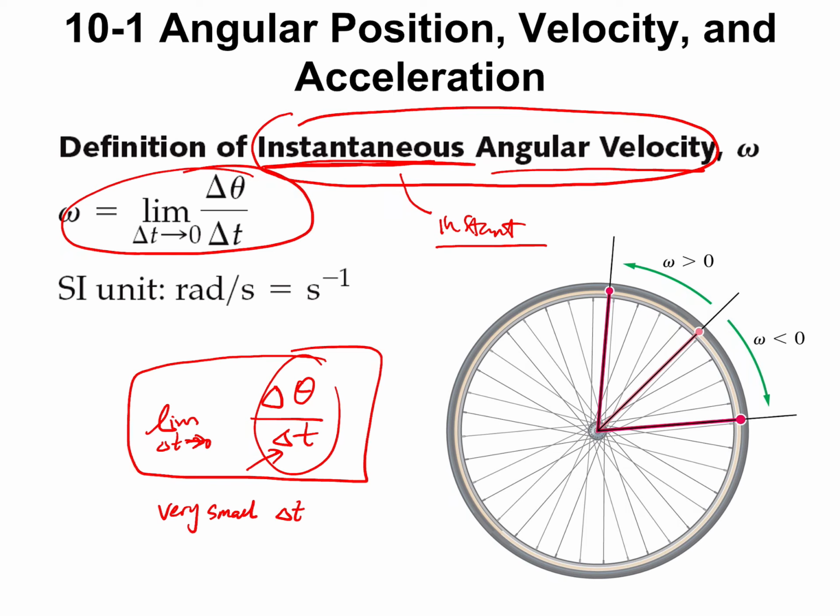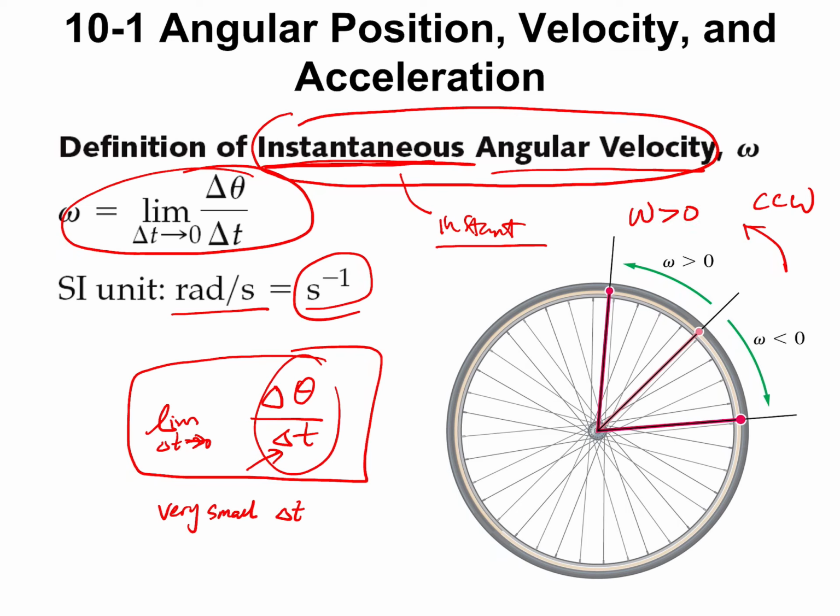And we already discussed a lot about instantaneous velocity before, right? So the same method. The unit for that is radian per second, right? And the dimension here is 1/s. Also, if this rotates counterclockwise, then angular velocity is bigger than zero.